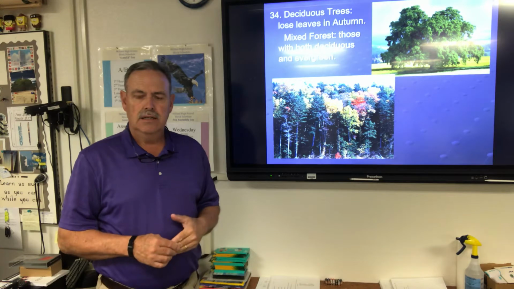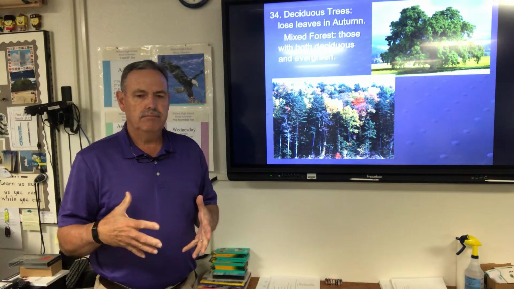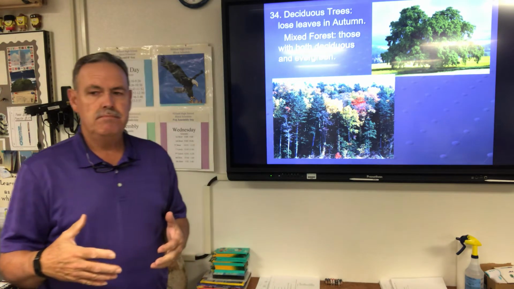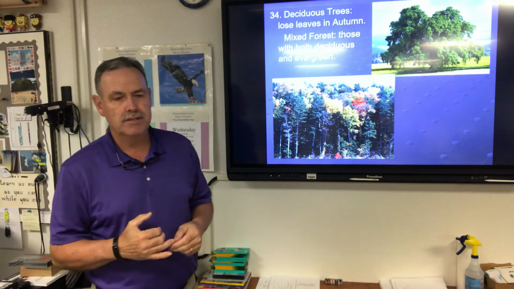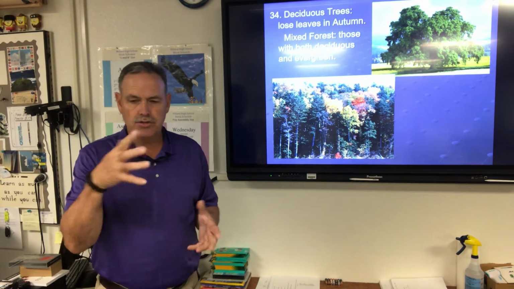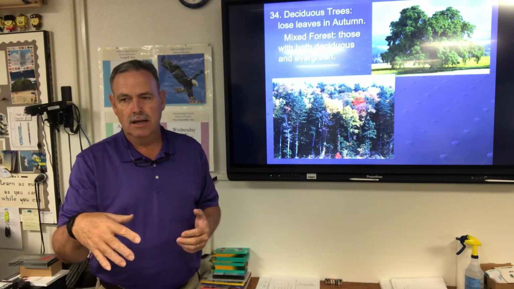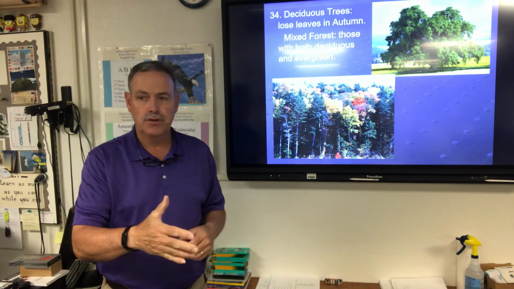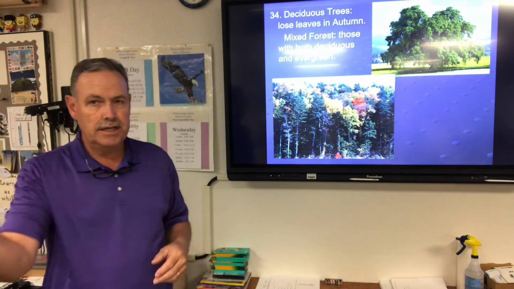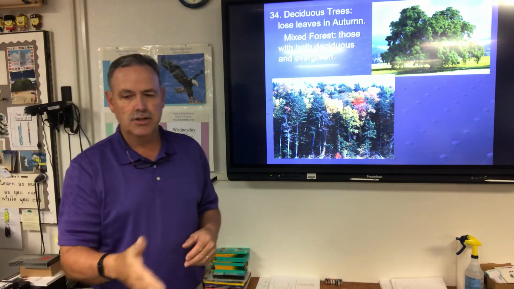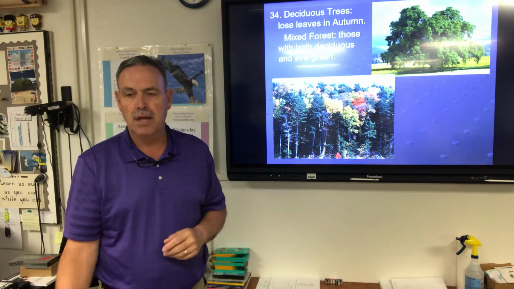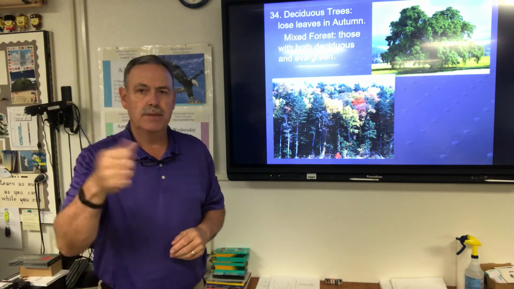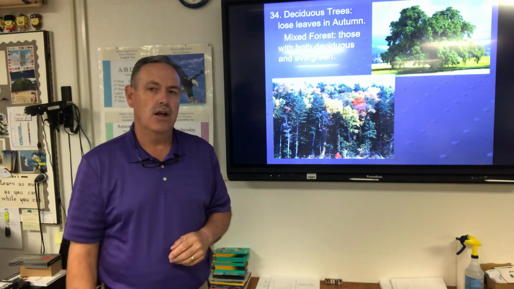So the trees lose their leaves in the wintertime. Kind of an interesting story how this happens. They don't just dry out and fall off. In fact, they've done an experiment where they cut a branch off a tree. Leaves are green and healthy, and they cut the branch off, they let it dry out, say, a month, and then they pick the branch up and they shake it, and the leaves do not fall off.